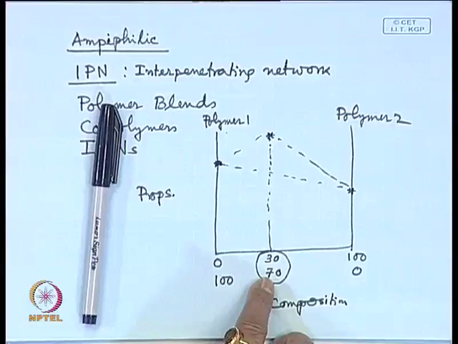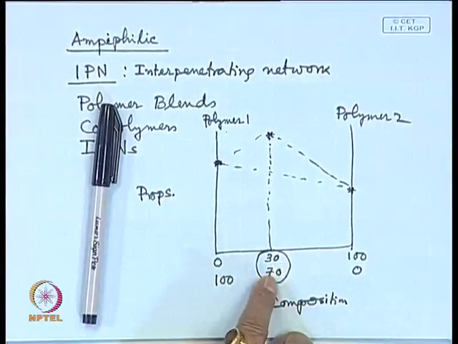You take granules of polymer 1 and polymer 2, that will be a heterogeneous mixture, and from that you cannot make a product. In order to make a product in this 30-70 composition, you have to mix them, blend them either in solution phase, in a single homogeneous phase, or you take 30 parts of one polymer, 70 parts of another polymer, and heat them and mix. So, either by melt blending or by solution blending you can make a polymer blend.